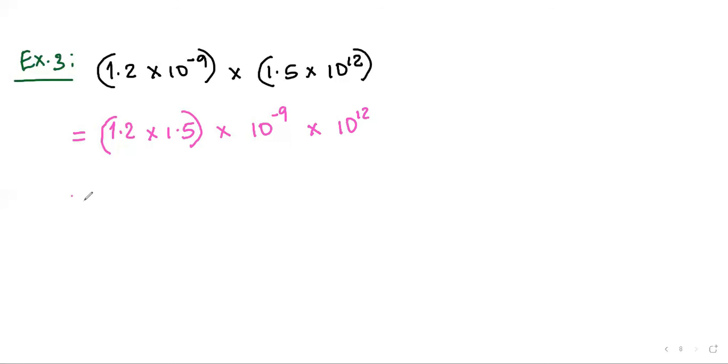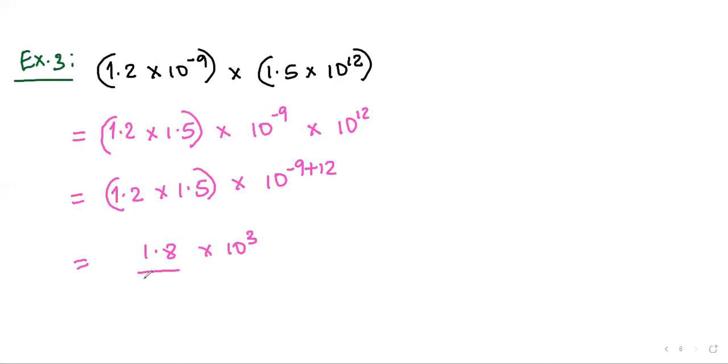So then we will have it as 1.2 times 1.5 times 10 to the power of negative 9 plus 12. Okay? And then we get 1.2 times 1.5, we get 1.8 times 10 to the power of 3. So you can see that this is in standard form.